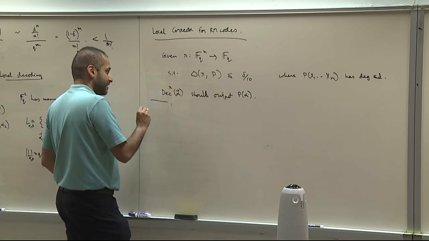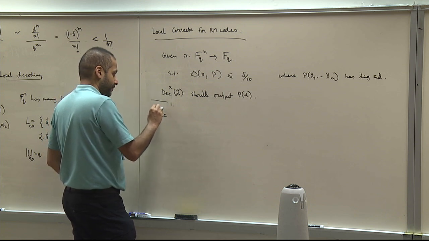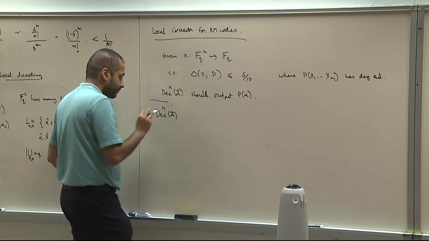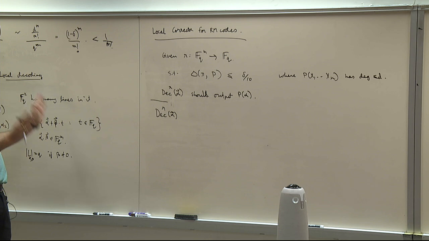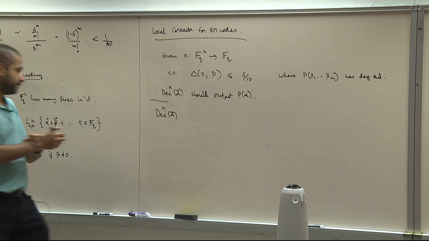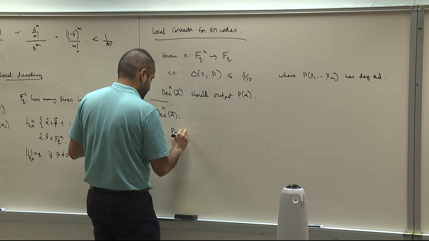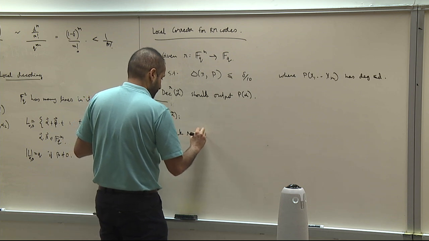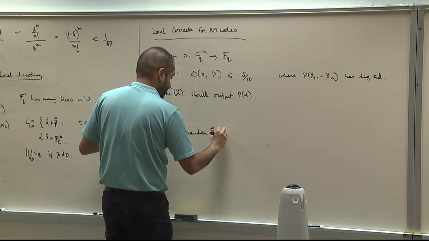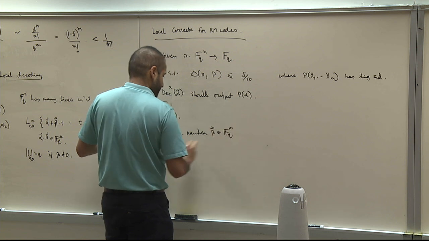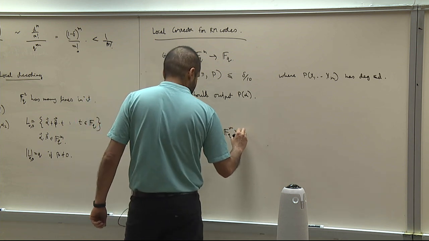Okay, and here is the algorithm. Pick a random line through alpha. Pick random beta in FQ to the m, maybe without 0.